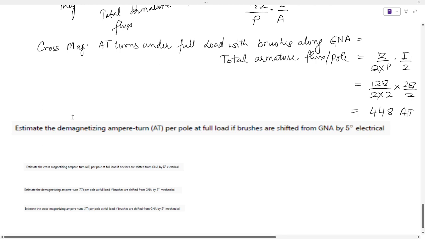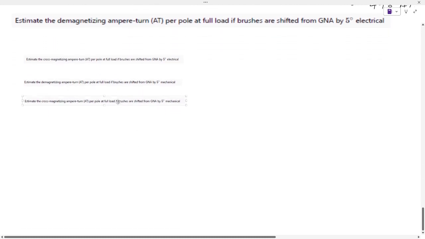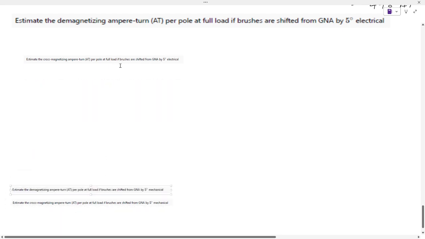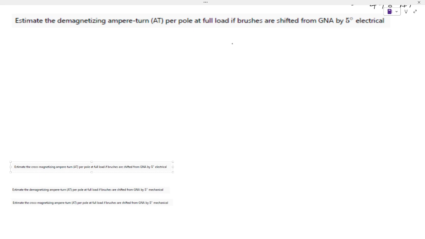Now they have told to estimate the demagnetizing ampere turn per pole if brushes are shifted from GNA by 5 degree. 5 degree electrical, brushes are shifted in order to collect the EMF and ease out the commutation process. Try to understand. We need to calculate how many turns are there in that 5 degree that are causing demagnetization.